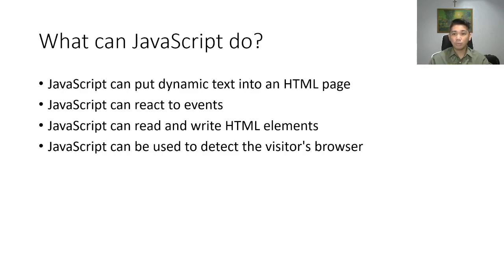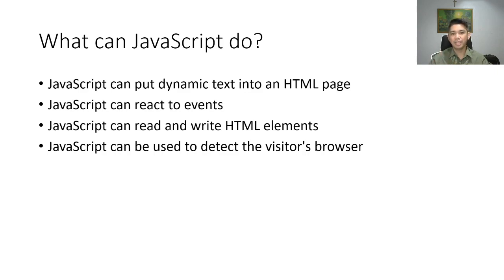It can react to events, meaning what will happen if you press the space bar, what will happen if, while navigating a web page, you press F1 or F2 or escape or mouse click buttons. So those are events, and JavaScript can react to those events.